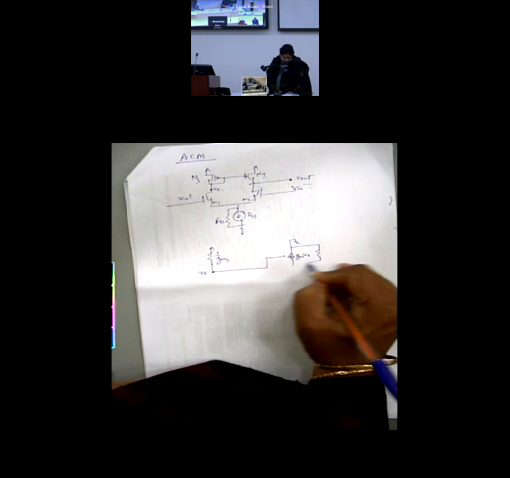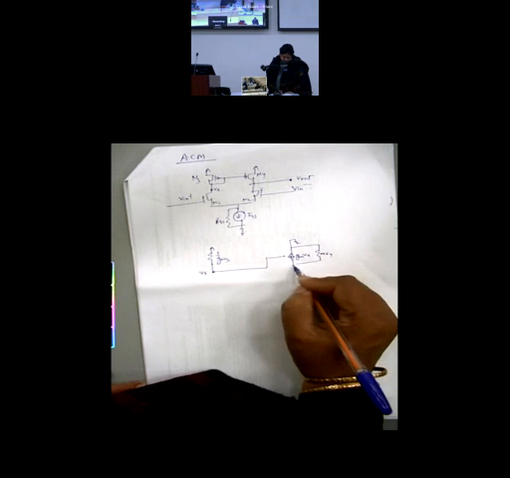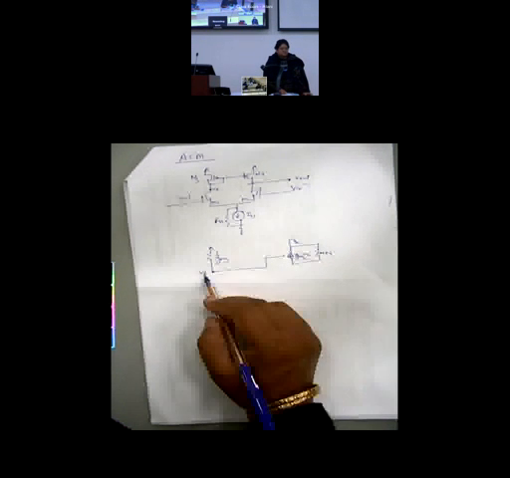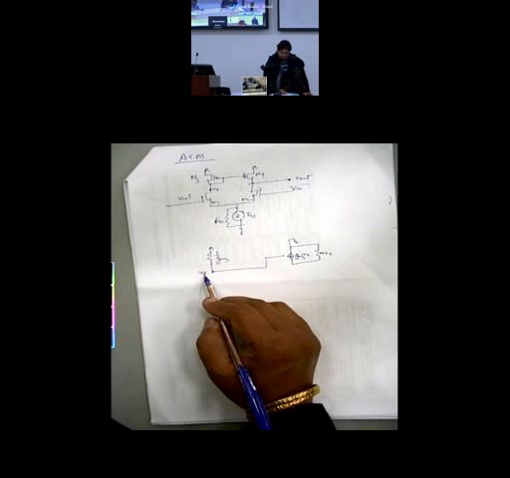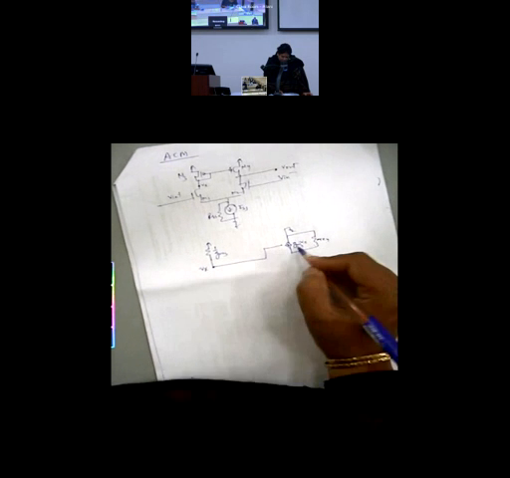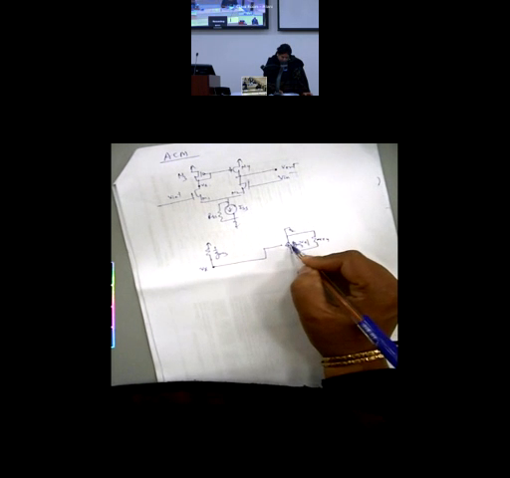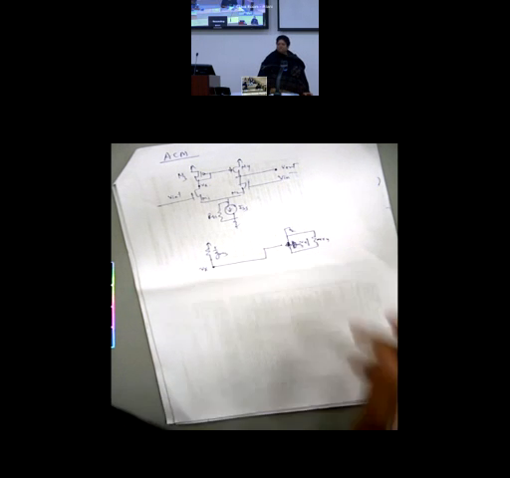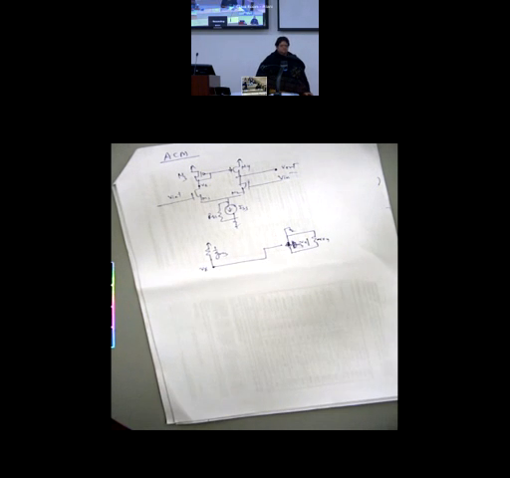This is RO4. This would be Vx. So the current direction I have shown, taken downwards, will automatically be modulus, because the appropriate current direction has been chosen.